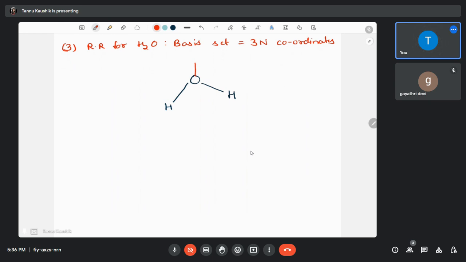Here we will have the z axis. Labeling each of the atoms, this is 1, this is 2, and this is 3.